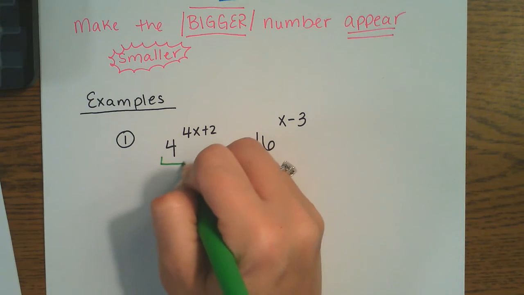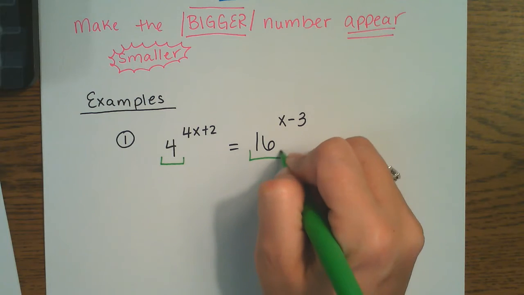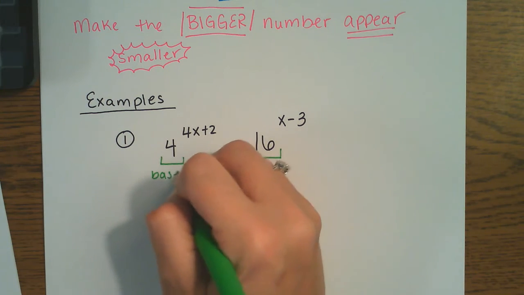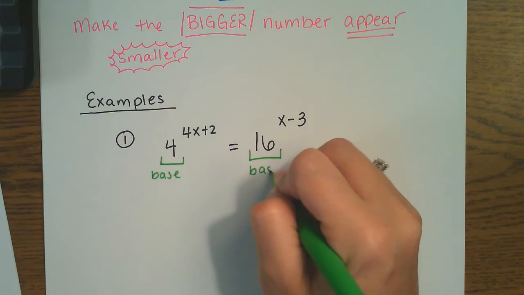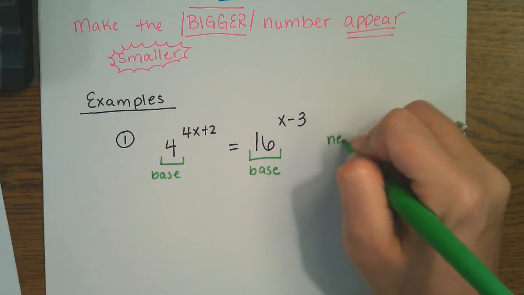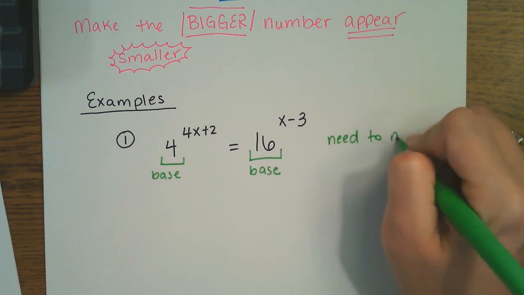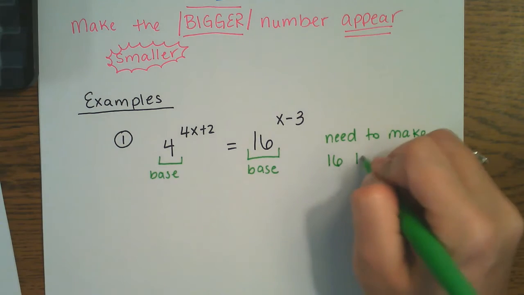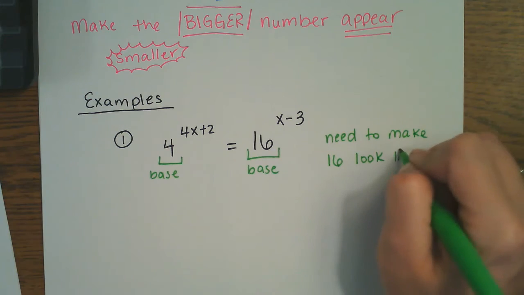Okay, so I'm looking at the bases first. I have a base 4 and a base 16. I need to make 16 look like a 4.